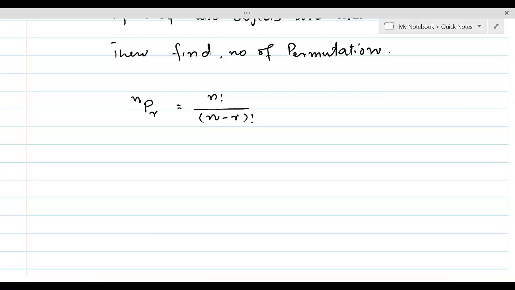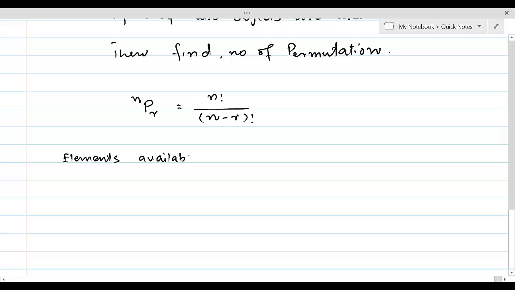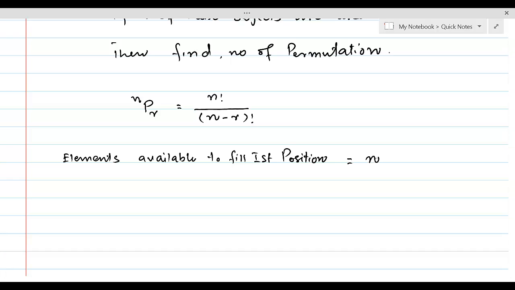The first position, so elements available to fill first position is equal to n, because all n distinct objects, any one of them could be used to fill up the first position.